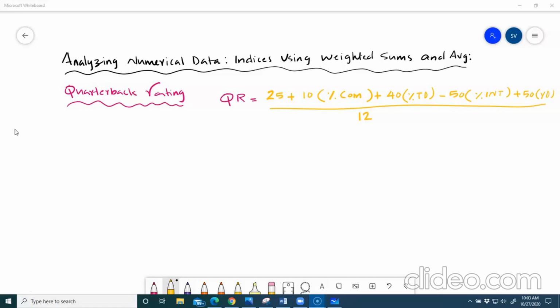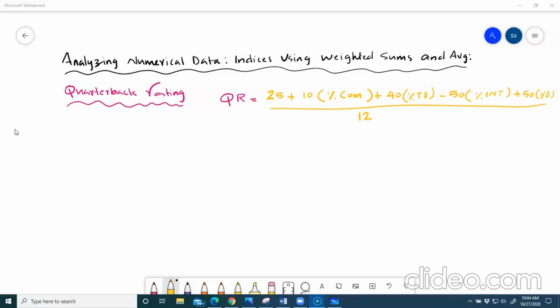Because we are calculating the rates, we are considering the number of attempts as the base. The formula is based on the per attempt rate: completions, touchdown passes and interceptions per attempt.